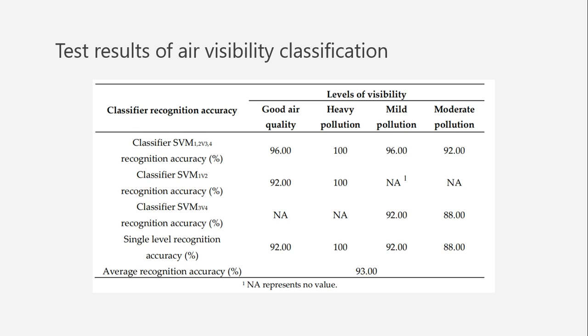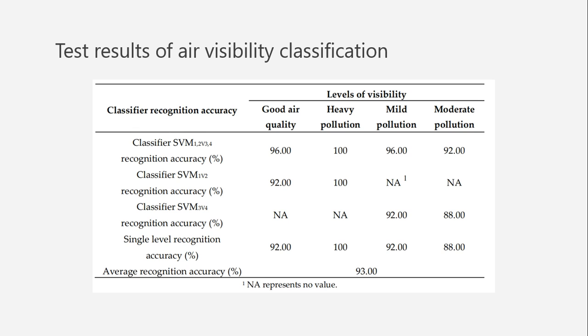In the model of the two-layer optimal binary tree SVM, the root node classifier SVM 1, 2, and 3, 4 on the first layer achieved the recognition accuracy of 96, 100, 96, and 92% for good air quality and heavy pollution, mild pollution, and moderate pollution.